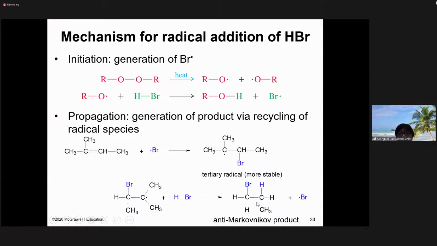I think this product is wrong, right? This one should be CH3. Can you change? This hydrogen should be CH3. And this hydrogen should be CH3 as well. They drew it wrong. Can you change this? This CH3 and this is CH3.